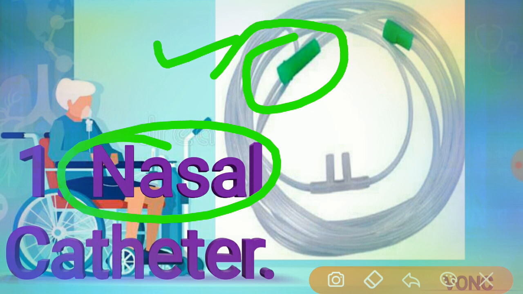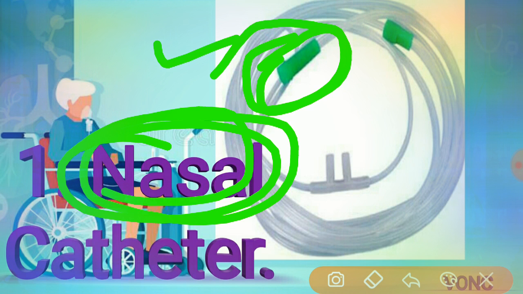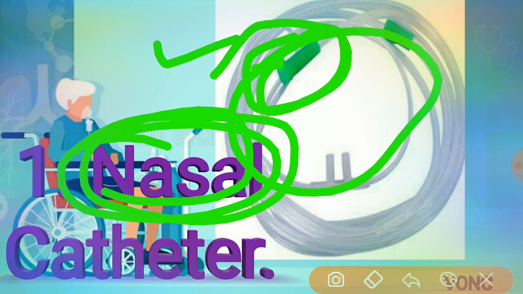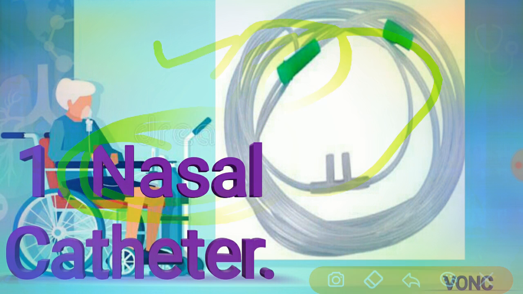The rubber catheter is inserted into the nose up to the nasopharynx. This nasal catheter needs to be changed at least every 8 hours, and inserted into the other nostril. So we should not change the catheter itself, but we should change the nostril.